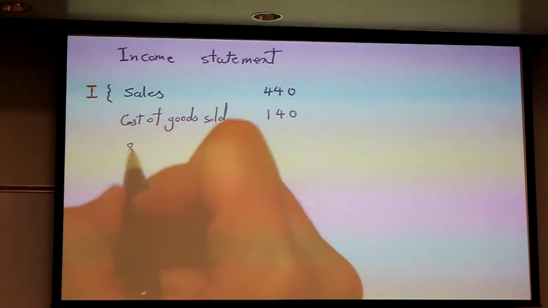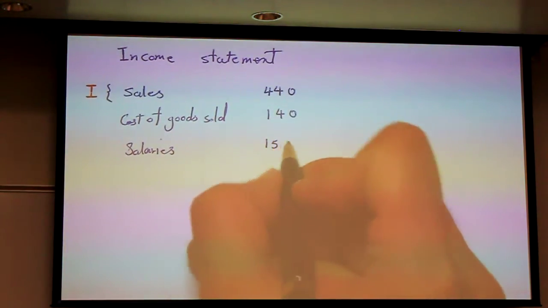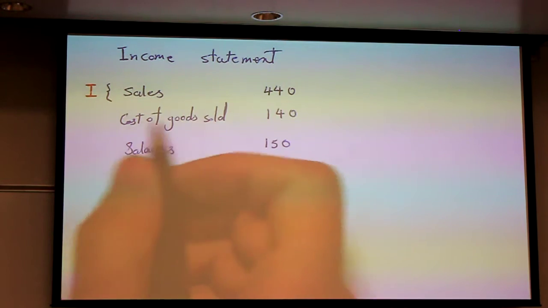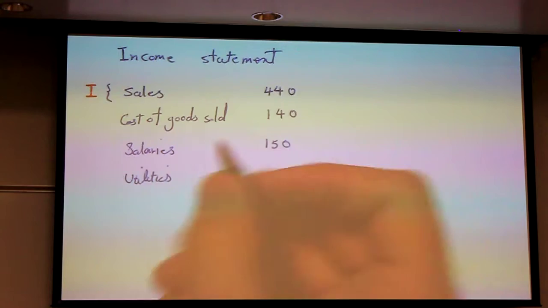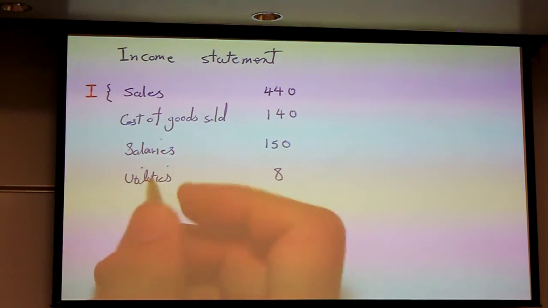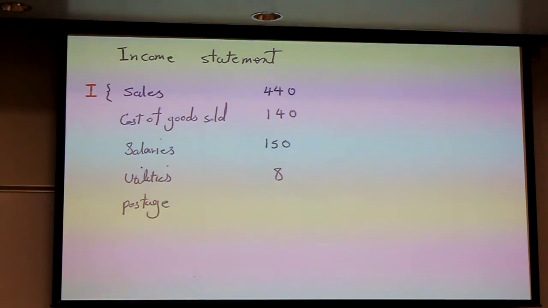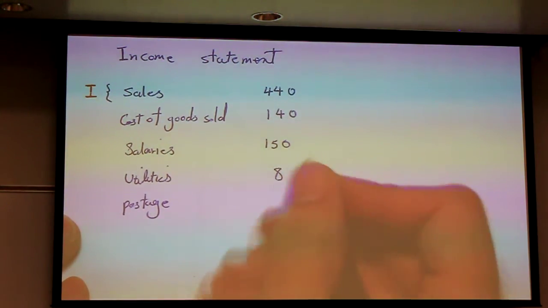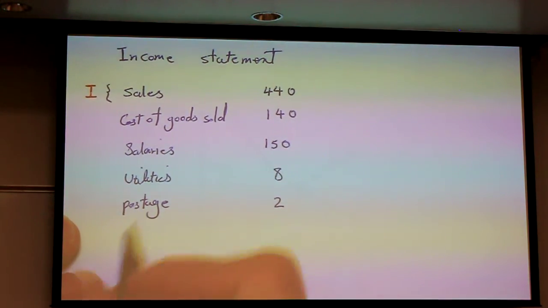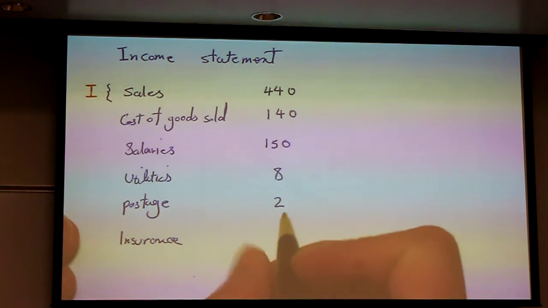Then I have salaries. How much? 150. Utilities. How much? 8. Postage. Whatever you labeled as X in your table goes under I. Postage is 2. Then we have insurance, 5.